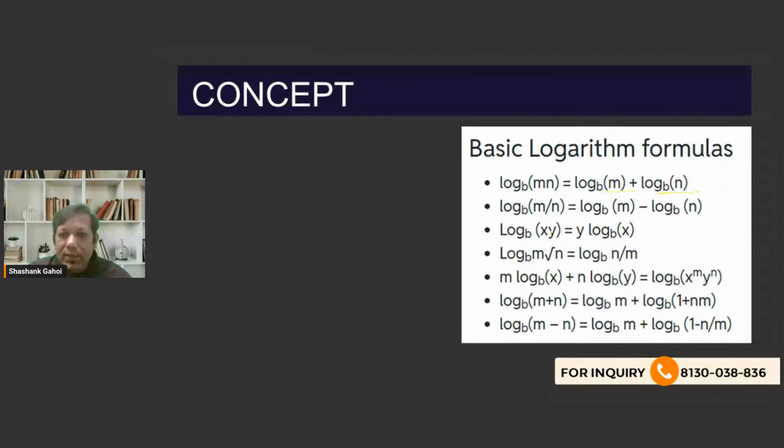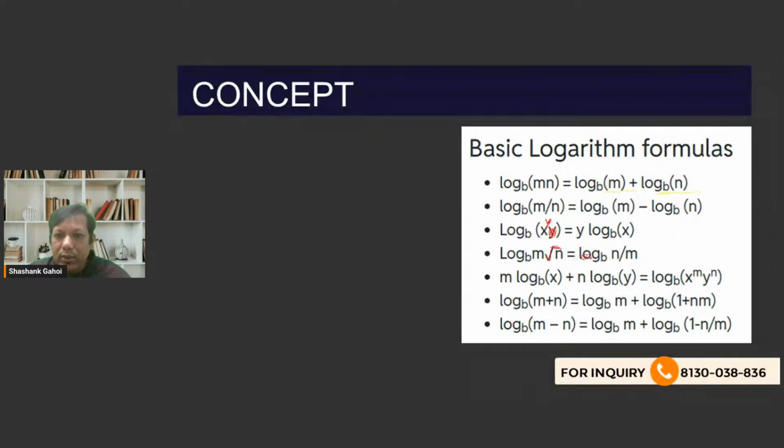Now, I think there is some typing error we got. It shouldn't be x, y, it should be x power y. So the power comes in front, right? I think this formula is also wrong. This is m root n, so this is not equal to this.